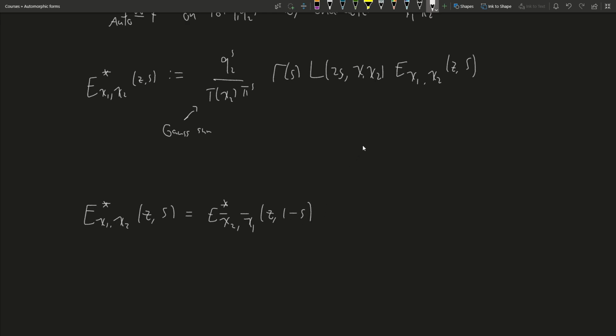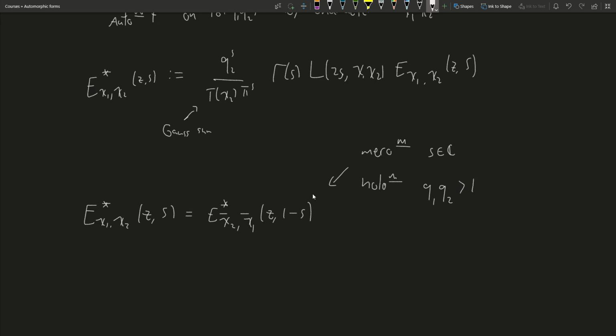And these things are meromorphic for all complex numbers s, and it's holomorphic if either of your characters is non-trivial.